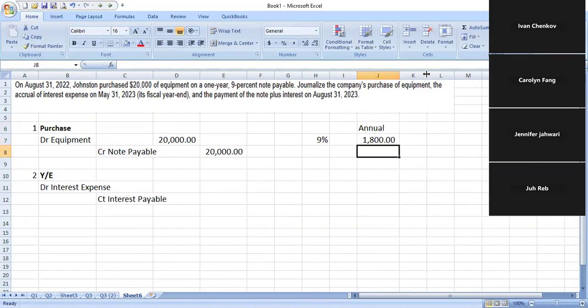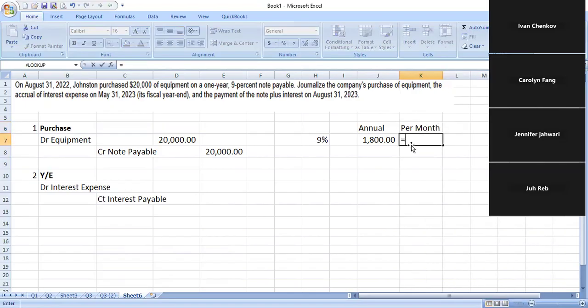How much is it per month? 1,800 divided by 12, 150. How many months do we have for the year end?